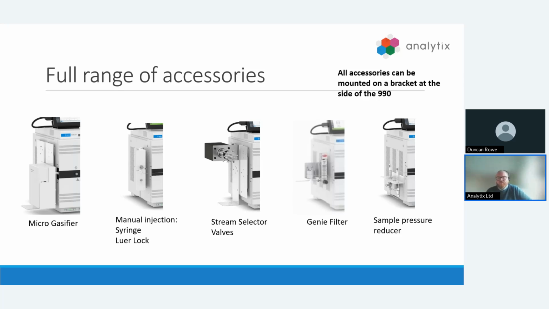This is ideal for small sample amounts or labs with various different samples from different locations. Then the stream selector, this is a really nice tool. It uses a dead end and flow through automated stream selection, which really simplifies and automates sample switching, freeing up time in the lab for a user.